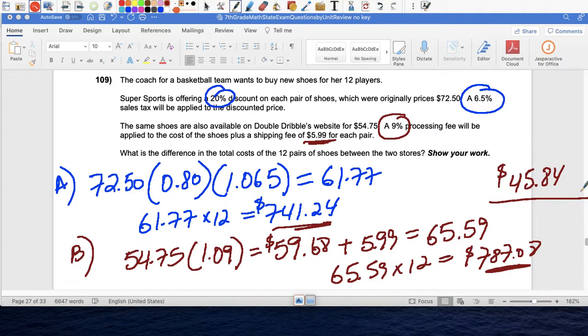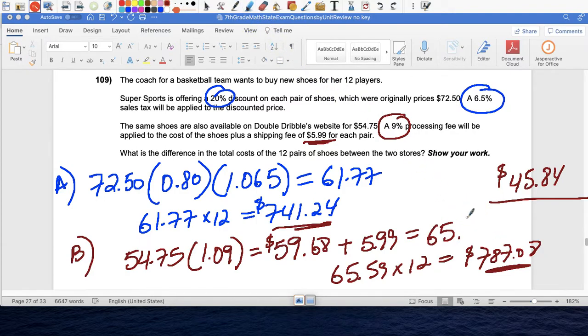Part B, 54.75 times 1.09, the 9% processing fee, which is 59.68. Okay, I'm okay with that. And then to that, we're going to add 5.99 for each shoe, which takes us to 65.67. Okay, so sorry, the number I wrote before was wrong.